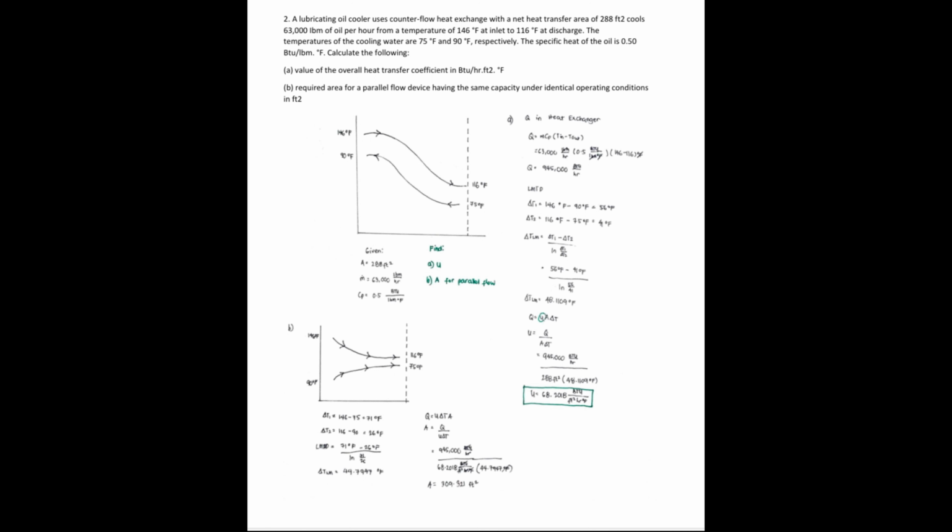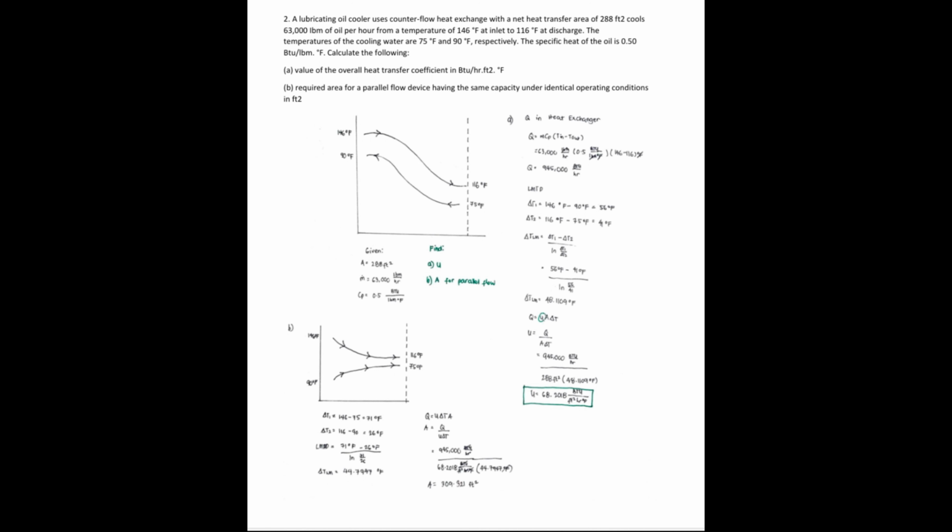So, 146 degree Fahrenheit minus 75 degree Fahrenheit na siya. So, tapos, yung outlet ng hot fluid, ima-minus din natin sa outlet temperature ng cold fluid. So, 116 degree Fahrenheit minus 90 degree Fahrenheit. So, makukuha natin dyan is 71 degree Fahrenheit at 26 degree Fahrenheit.